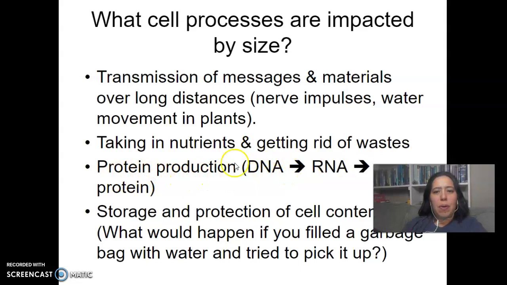Protein production, remember, there's going to be a DNA. DNA is controlling everything within that cell. There's going to be a problem. There's not going to be enough DNA to service all of those areas, and we'll get to this next semester, but DNA lives in the nucleus. That's why the nucleus is the control center, and it contains the blueprints, which are sent out into the cytoplasm via RNA to make proteins.